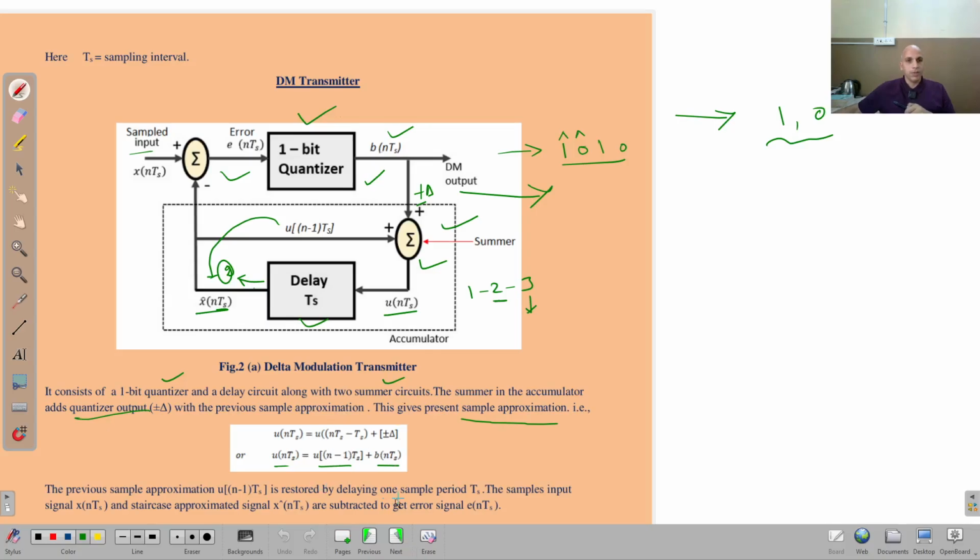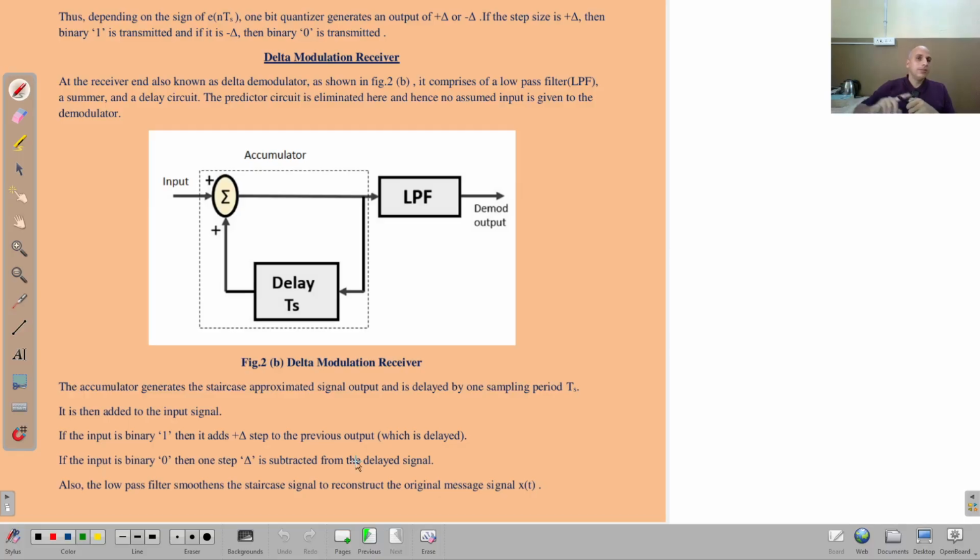Now I am coming to the receiving part of this delta modulation. If you look at the delta modulation receiver, you can see here, this is the input that is encoded 1 0 0 1 0 1 1 in this format. These are the binary bit stream that is coming as the input. It is sent to an adder circuit, and the other input of the adder is a delay output. Whatever output this generates, it will send to a low pass filter.